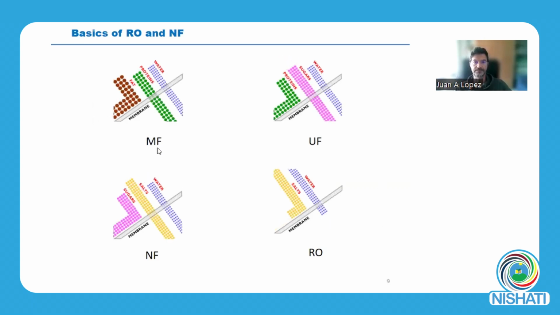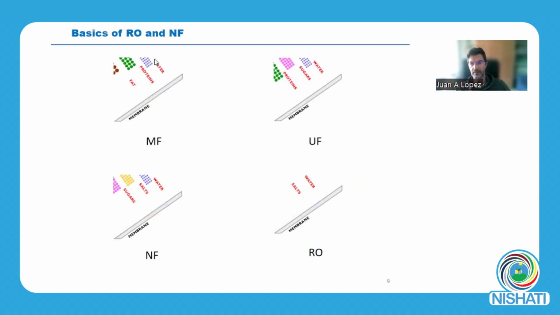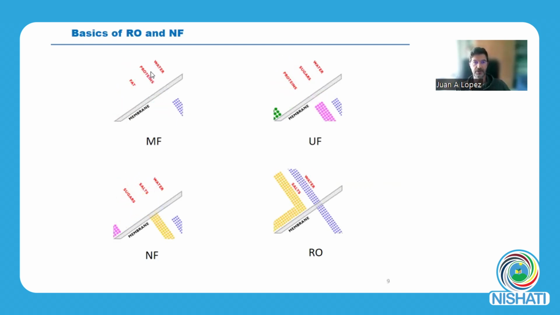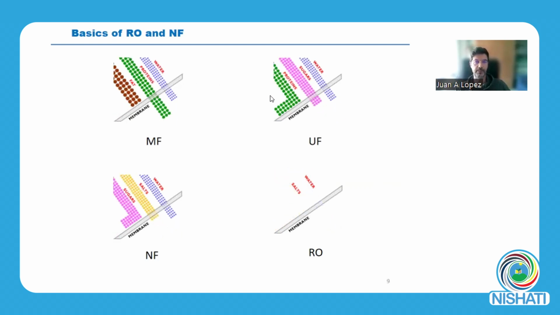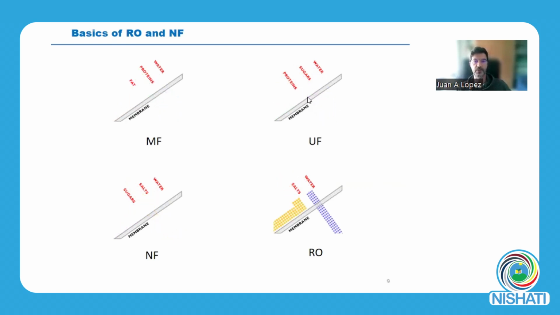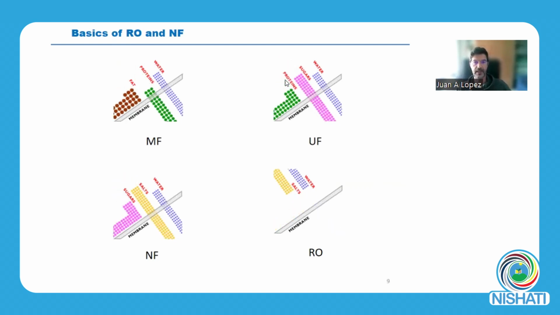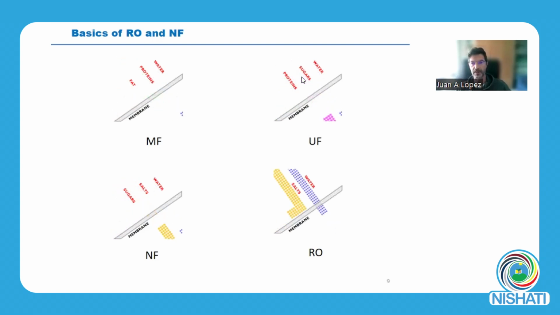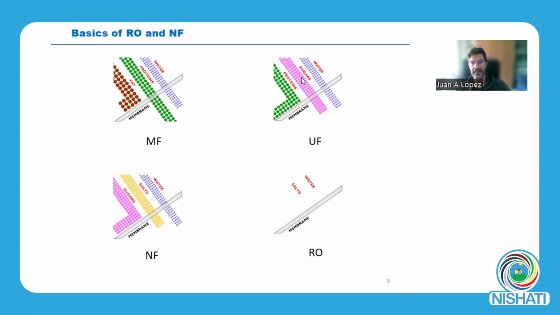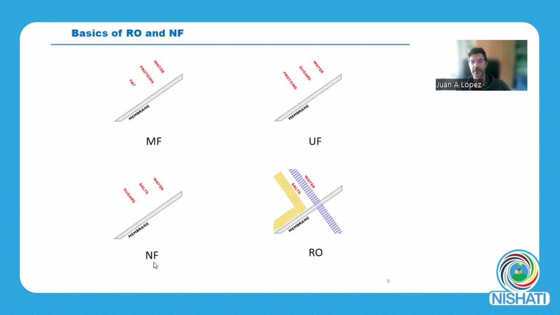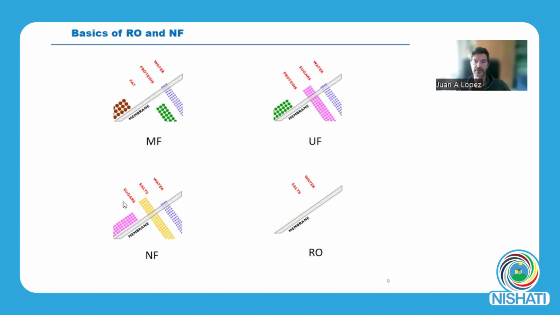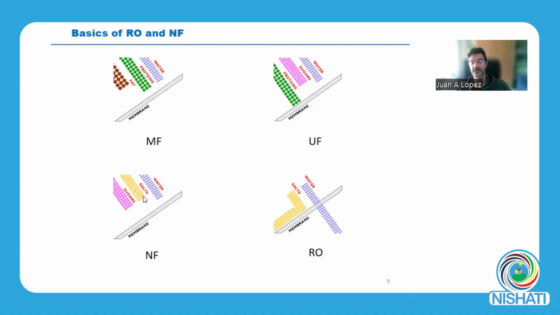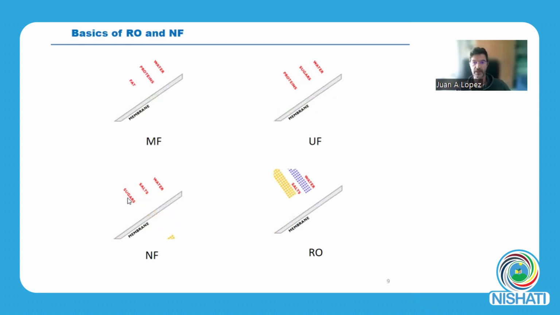So here you can see a nice picture. The biggest particles can be very efficiently removed by microfiltration, but proteins and water can pass through the membrane. In the case of ultrafiltration, these proteins can be well rejected, but smaller molecules like sugars cannot be removed.